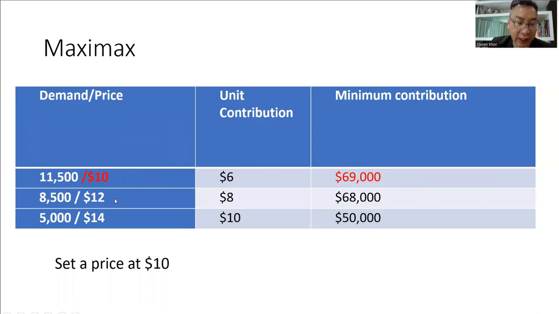Then if you set at 12, your contribution is 68, and if you set at 14, the contribution is 50. So out of these three, 69 is the highest one. So this is the maximum profit that you are going to get here. That's why, if you choose this Maximax, maximizing the return, your selling price should be set at $10.